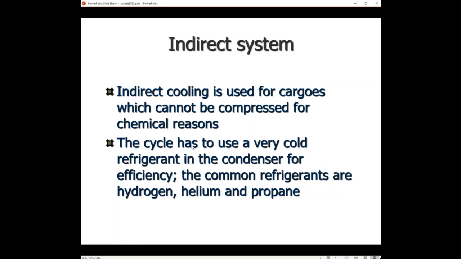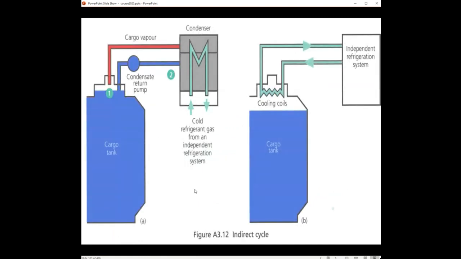And then finally, from the reliquefaction plants, the indirect system. So as I explained, in the indirect system, it is a refrigerant system that will cool down the ullage space. Your cargo remains in the tank. So there are two possibilities. One where the cargo is completely isolated inside a tank, and where you have not heating coils, but cooling coils at the top of your tanks.